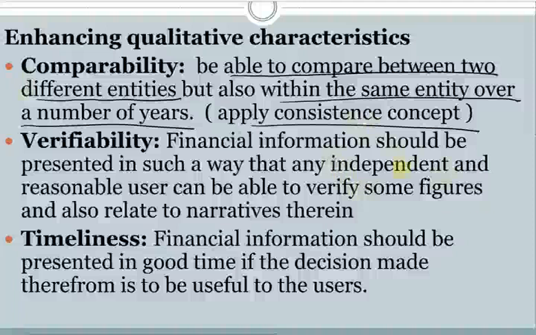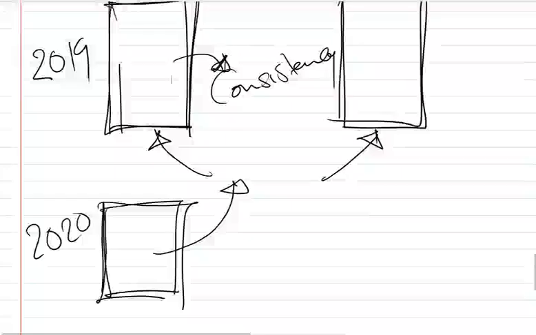The other thing is verifiability. You want your financial statement to be able to be verified, right? Financial information should be presented in such a way that an independent and reasonable user can verify some figures and also relate to the narratives within. For example, you are saying that there's an income of 200,000 that month.